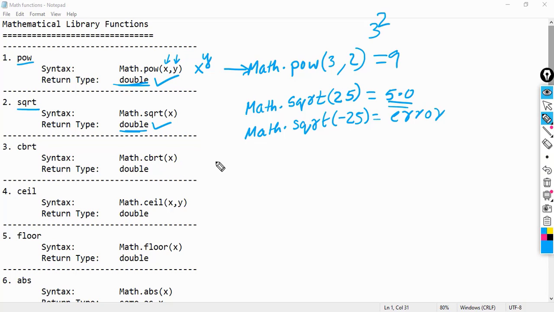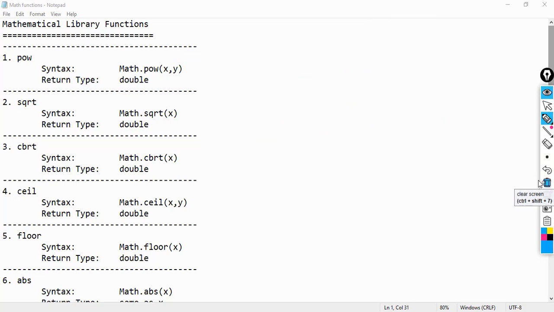Similarly, the CBRT function gives me the cube root. So, if I pass 27 to it, the answer will be 3.0.